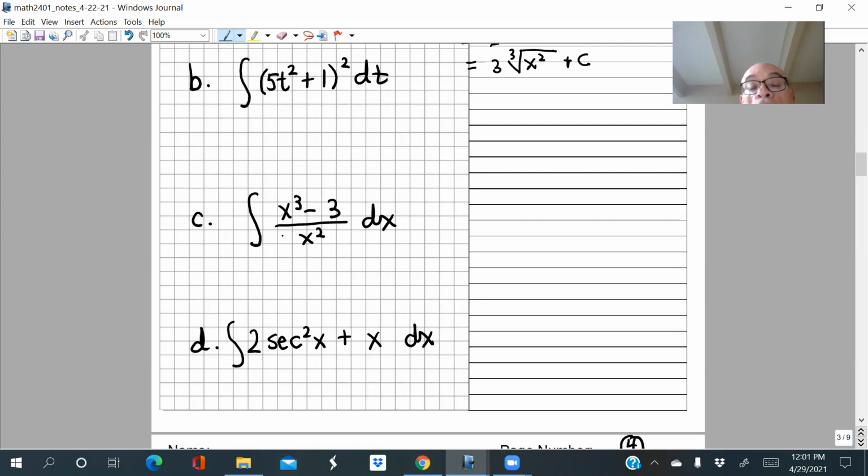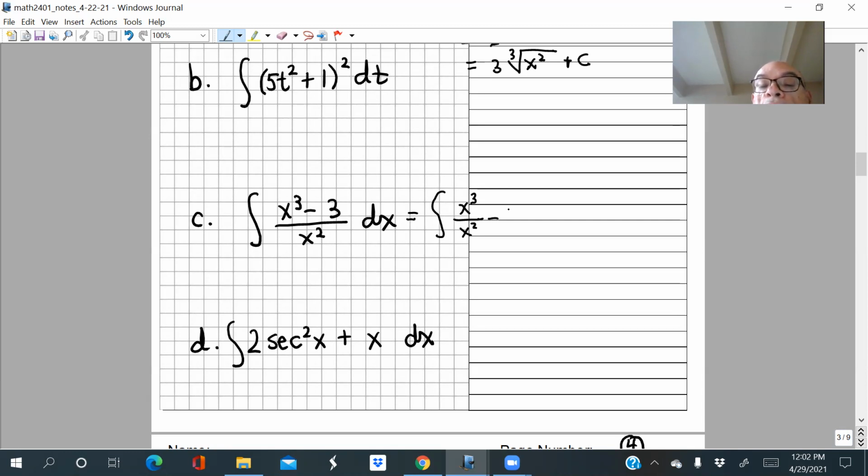But this one, fortunately, turns out to be kind of easy, because I can break this fraction up. Since I only have x squared in the denominator, fortunately, I don't have x squared plus 1 or x squared minus 3, I just have x squared by itself in the denominator, I can break this fraction up into 2 fractions.